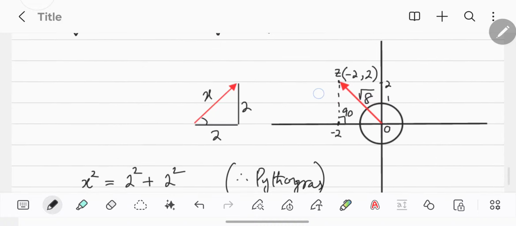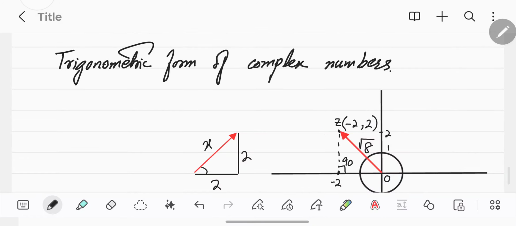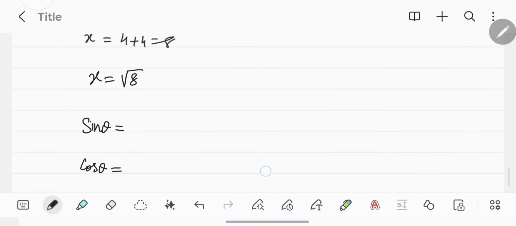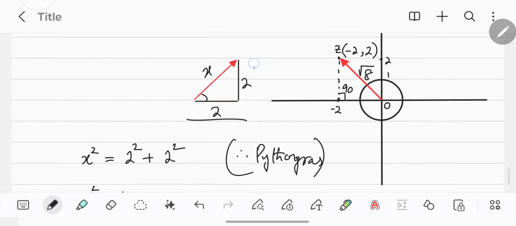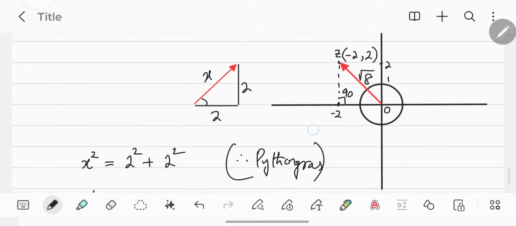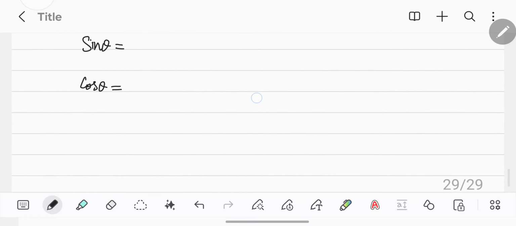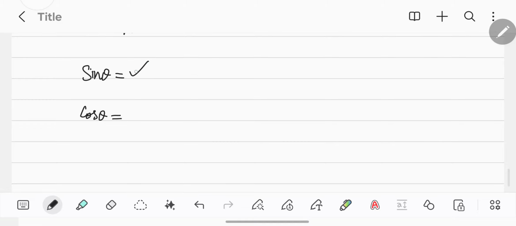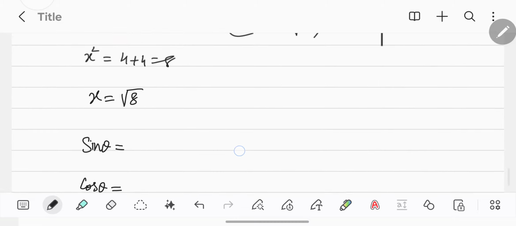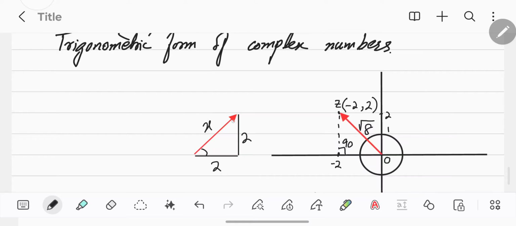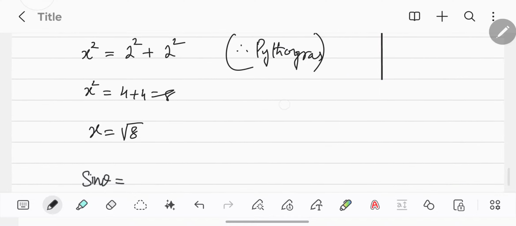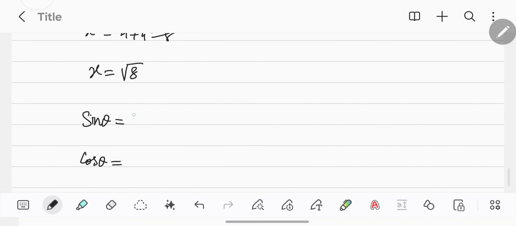Since we need the trigonometric form of a complex number, in this triangle we will use these ratios. If I apply sine theta on this triangle, if this is theta, then I have 2 by x, which is height over hypotenuse. So sine theta is 2 by x.